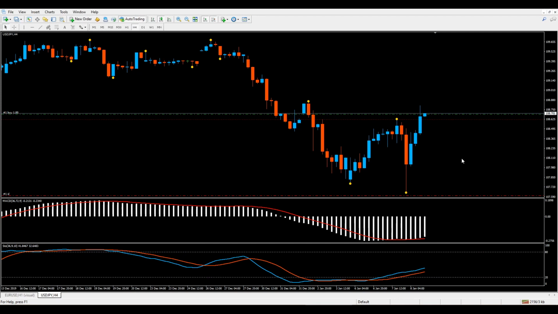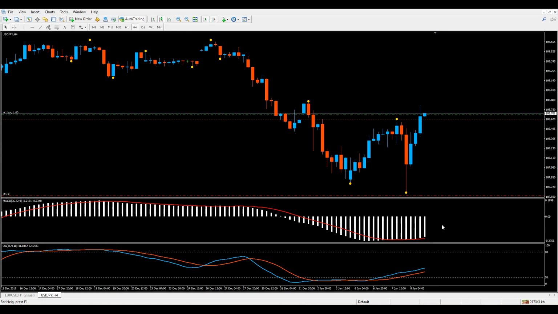Okay, I'm back, and as you can see, I've just entered a trade. This candle here closed just above the most recent swing high. So as soon as it closed above that level, I entered a trade at the close of the candle, and you'll see below that the white histogram lines are white and above the red line, and the stochastic blue line remains above the red line.